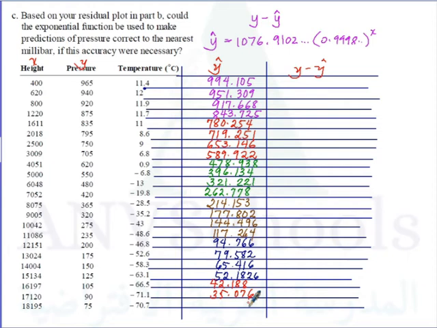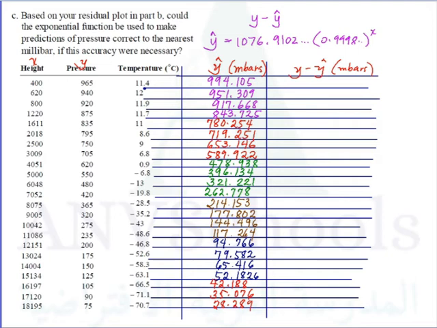And if my x is 18195, so I will have 28.289.